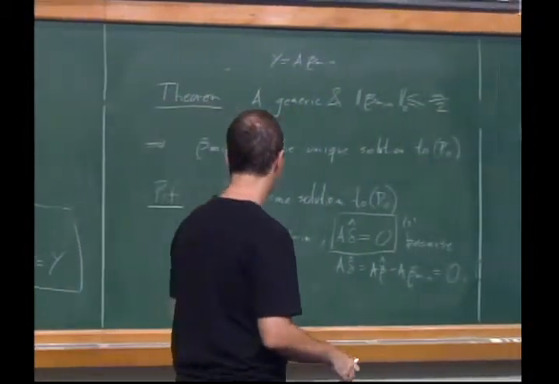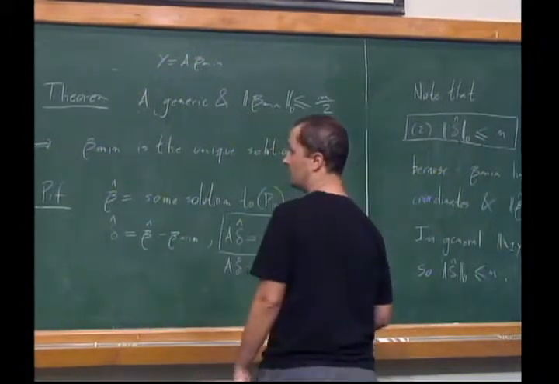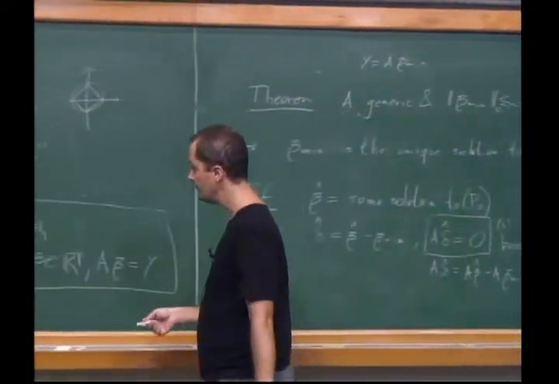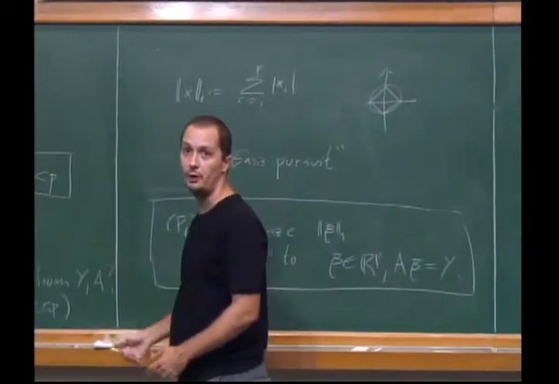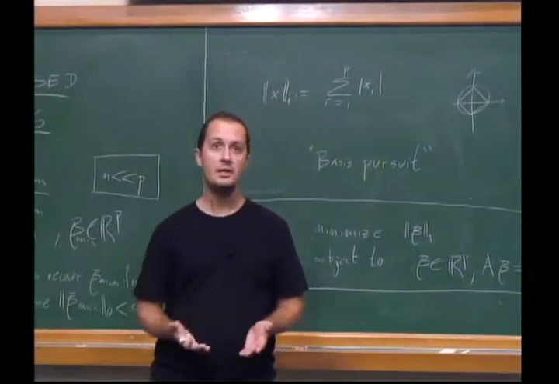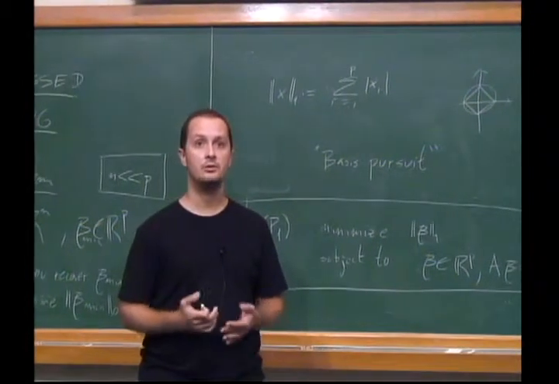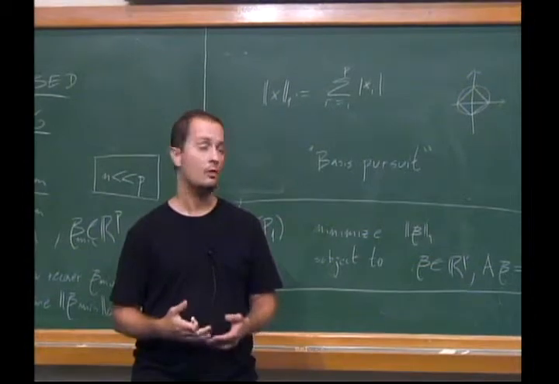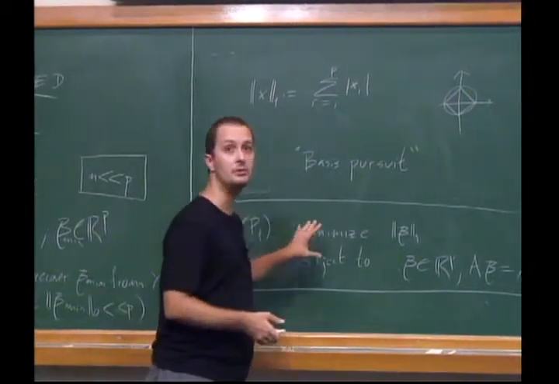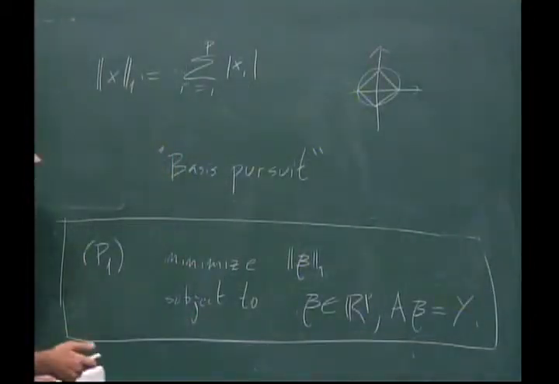And now we're going to try to figure out if we have a similar property here. That will tell us what A should satisfy in order for us to be able to prove that this problem is good. So what do I mean?